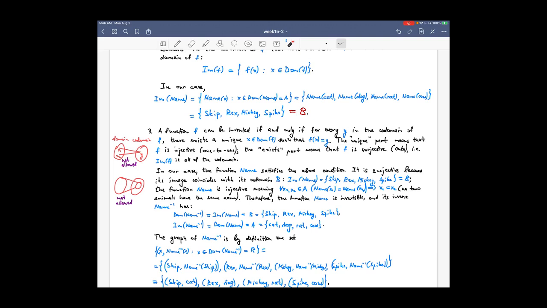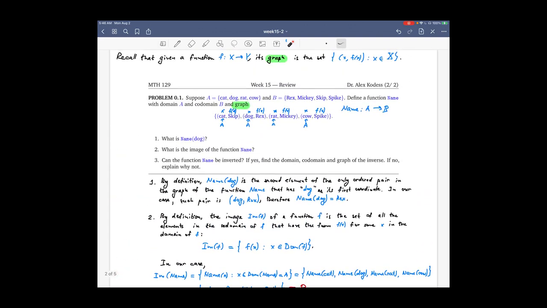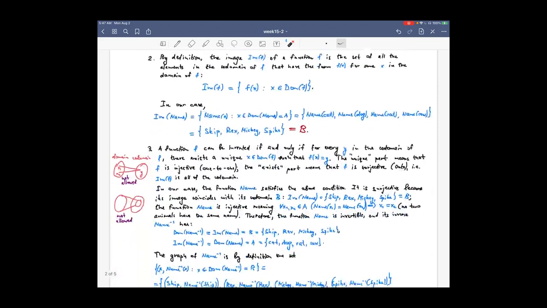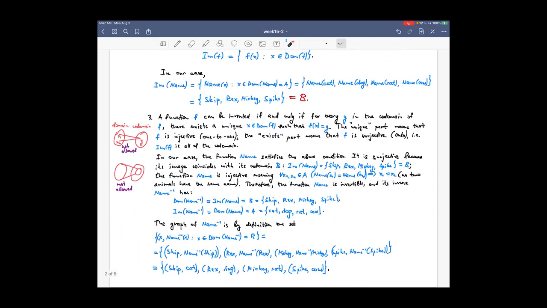And surjective means that every name is owned by some animal. There's no name that is not had by some animal. So these two conditions, injective and surjective, imply that our function is bijective, and bijective functions are invertible. This problem is now over.